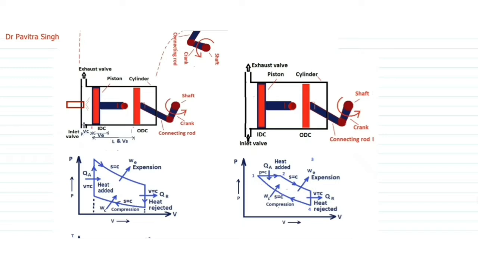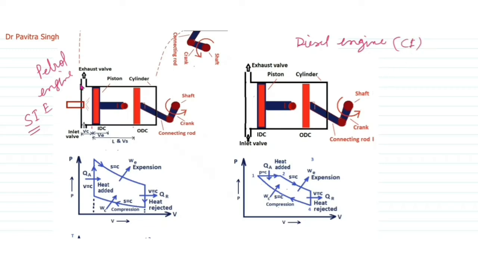Now you can see in this picture, this is a petrol engine, which is called an SI engine, spark ignition engine. And this is a diesel engine. It is called a compression ignition engine, CI engine.